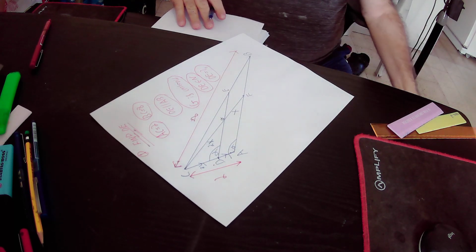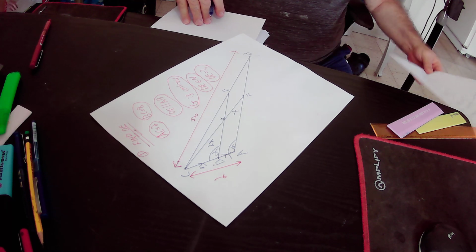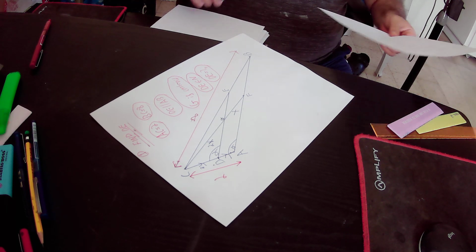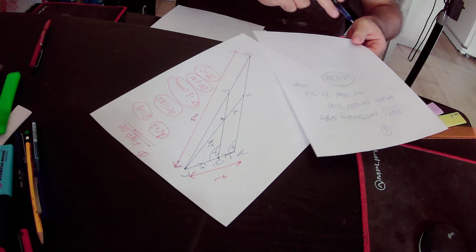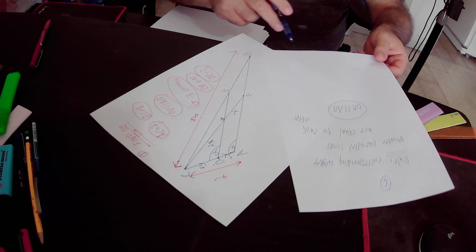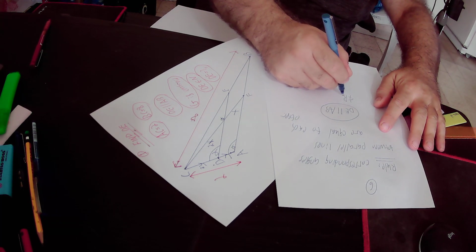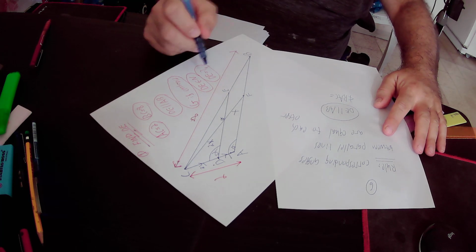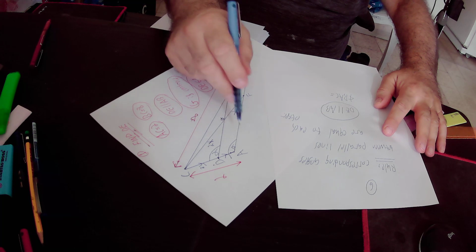So I'll write it down. Because DE is parallel to AB, according to this rule, the corresponding angles will also be equal to each other. That is to say, angle BAC will be equal to angle EDC, or CDE.